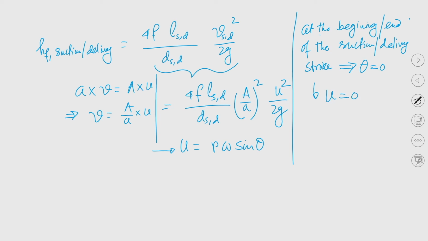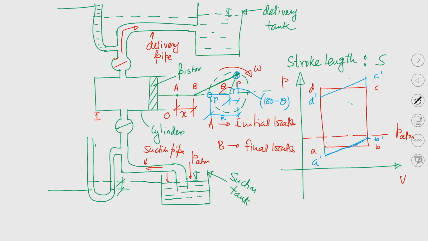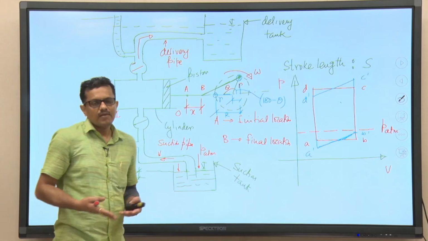From this expression, if u equal to 0, we do not need to consider the frictional losses. So, at the beginning and end of the suction and delivery strokes, the frictional loss is 0. So, these 4 points, A prime, B prime, C prime, D prime, will have no frictional losses.